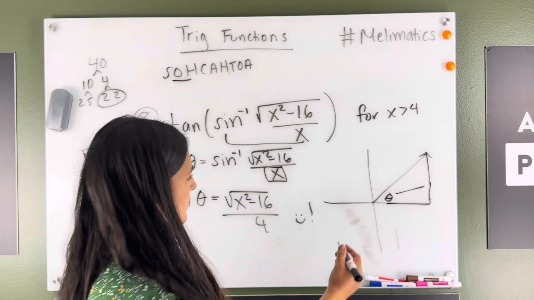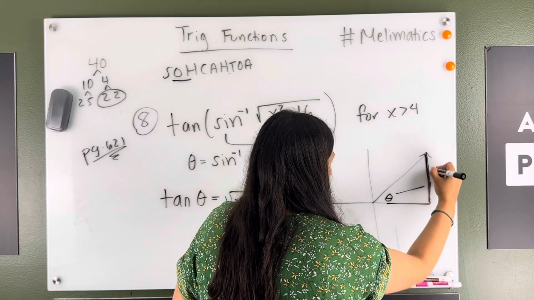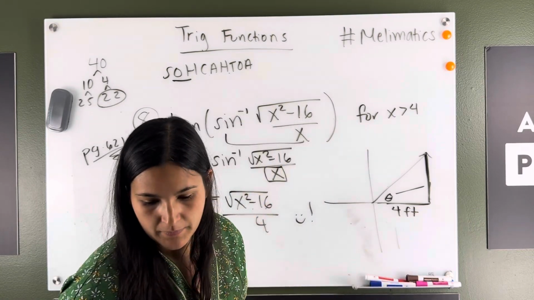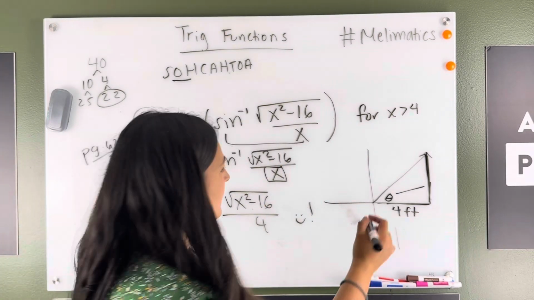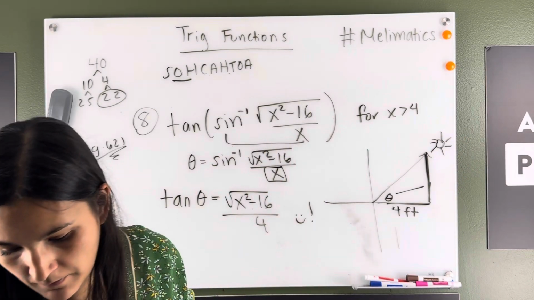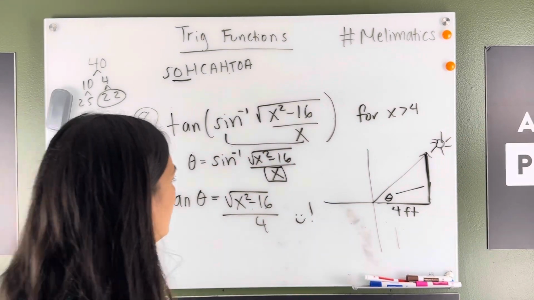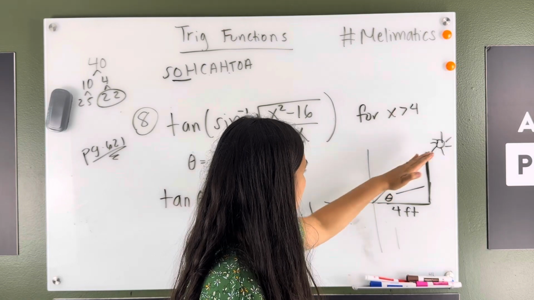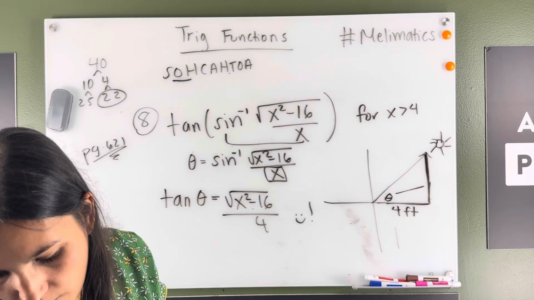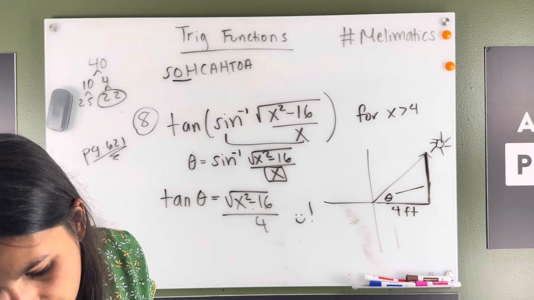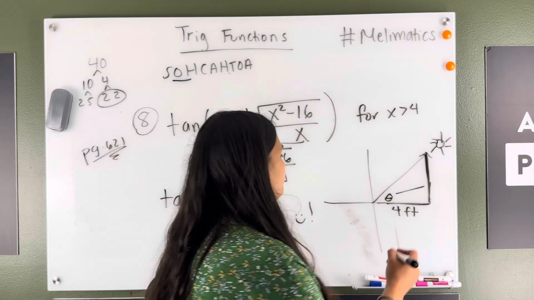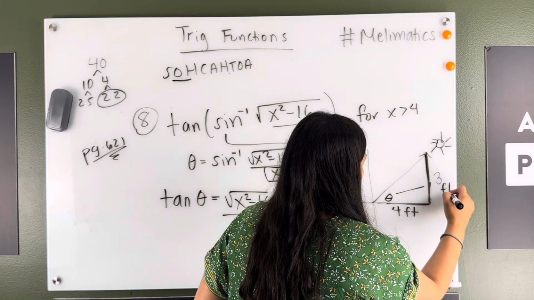So a yardstick, which should be this yardstick, cast a 4-foot shadow when the sun is at an angle of elevation theta, right? So right here. And so it says, can you determine that angle of elevation of the sun to the nearest 10th of a degree?